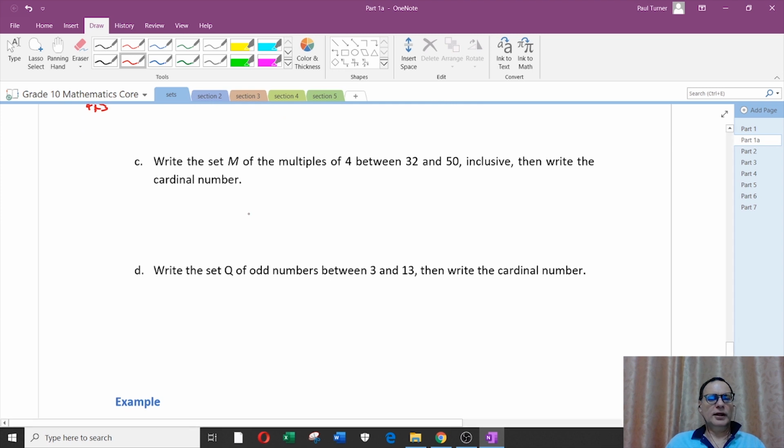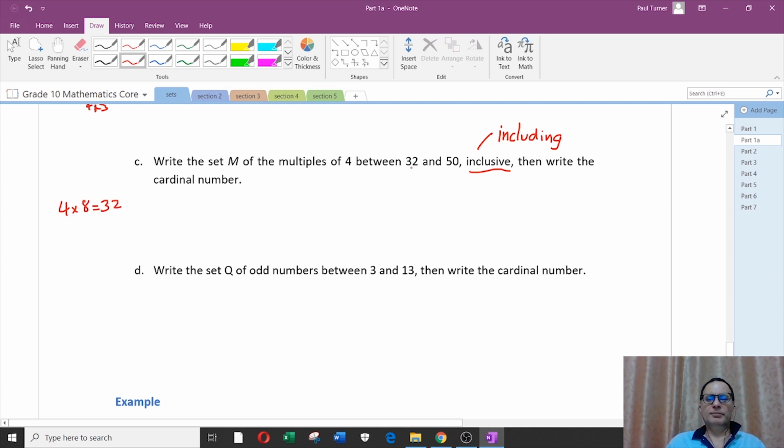Okay, question C. Write the set M of the multiples of 4 between 32 and 50 inclusive. Inclusive means including. Okay, we'll talk about that in a minute. And then write the cardinal number. So what are the multiples of 4? We've got 4, 8, 32.